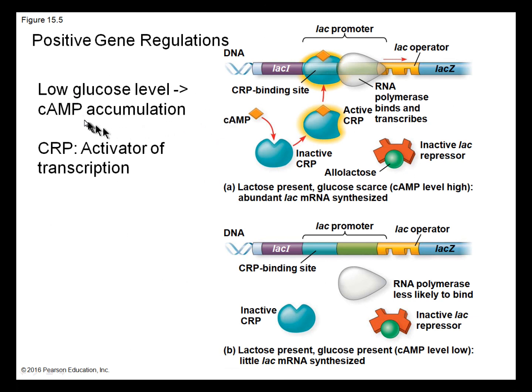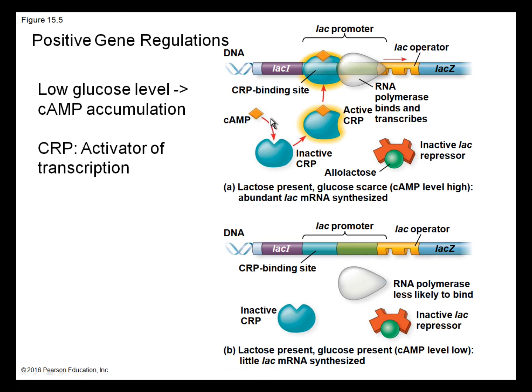When you have a low glucose level, cAMP accumulates, and there is a protein called the cAMP receptor protein, CRP. It's a straightforward name. CRP binds to the cAMP.